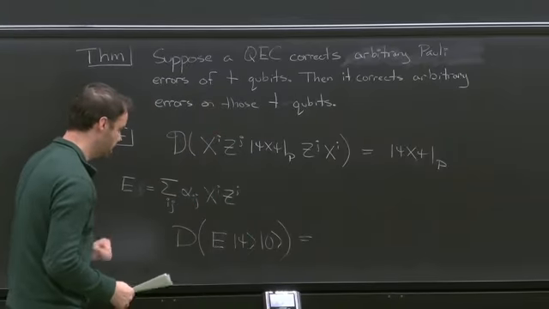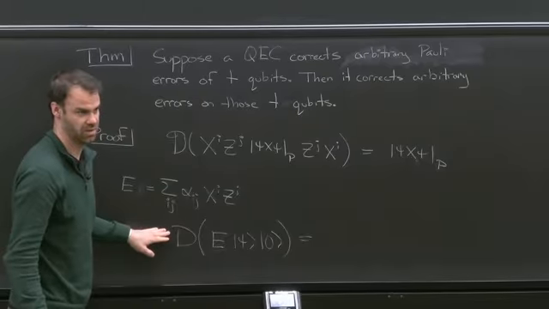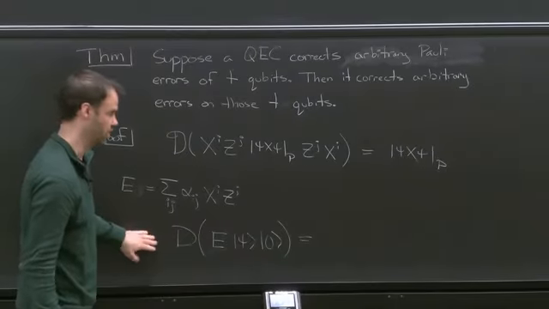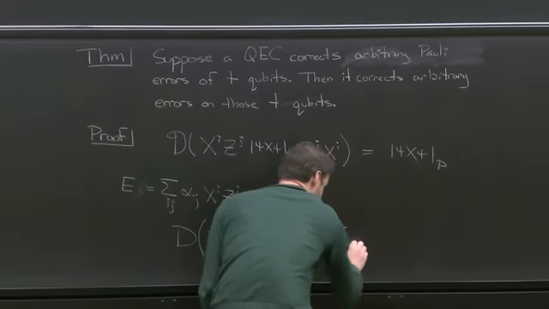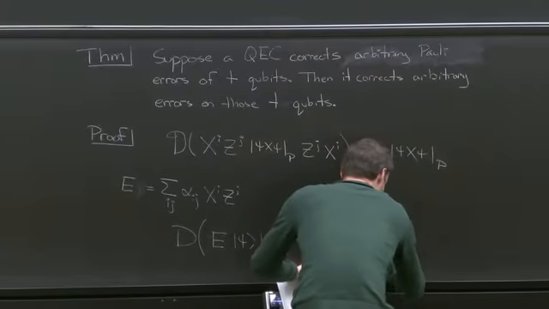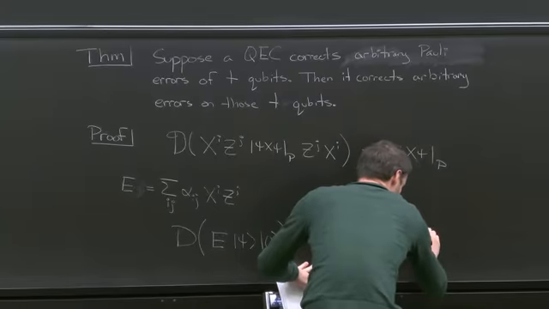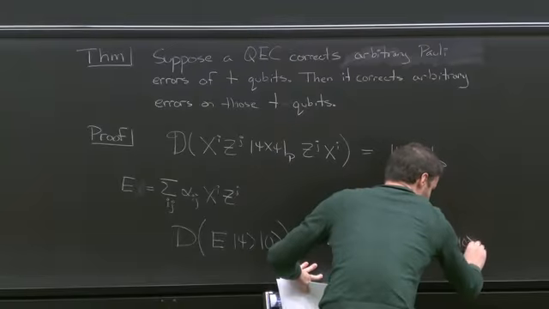I'll decompose E this way. I'll use linearity to pull this sum outside of, or before, D. So this looks like sum over ij, alpha ij, D, xi cj psi 0.